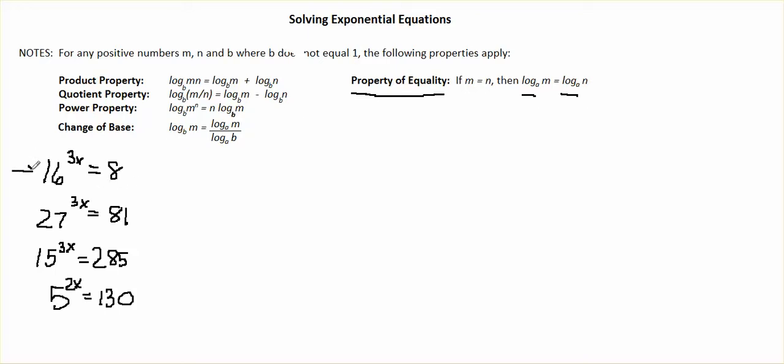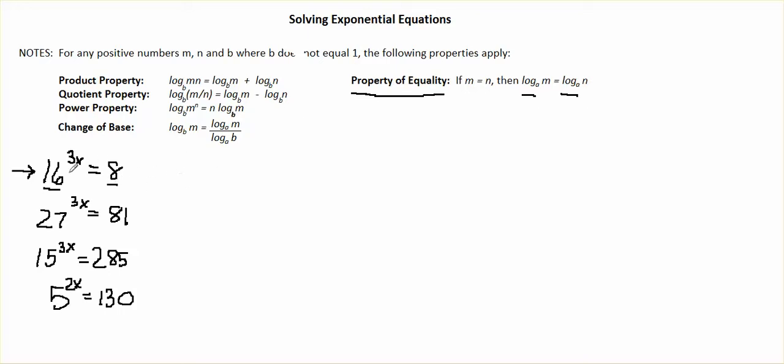exponential equations. In this example, I want you to notice we're going to solve this similar to how we solved exponential equations back in Chapter 6 and how we solved them in the last section, Section 7-4. I want you to take a look at these two numbers right here, 16 and 8, and I want you to notice that they both are powers of the same number.